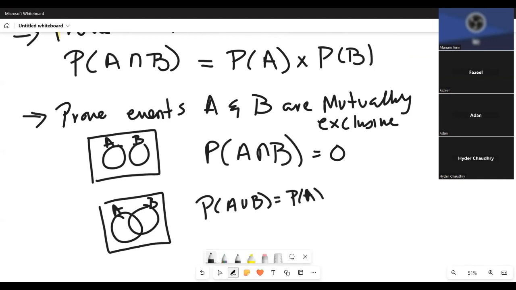Probability of A plus probability of B minus probability of A intersection B. If this region is 0, that means these events are actually mutually exclusive. You have to show that probability A intersection B should be 0.